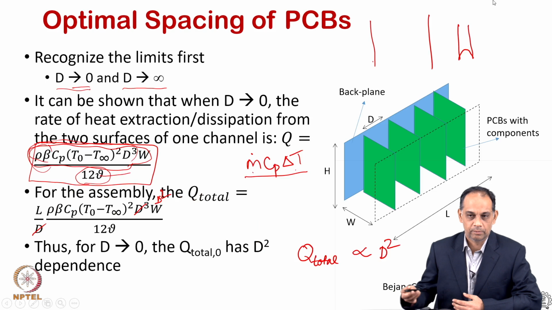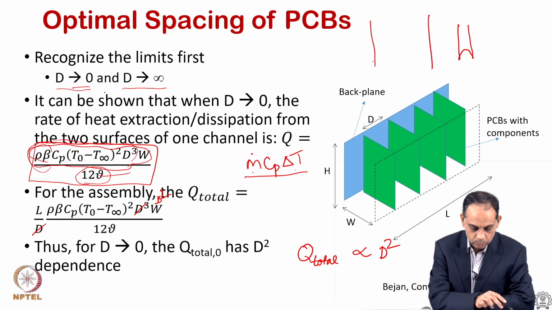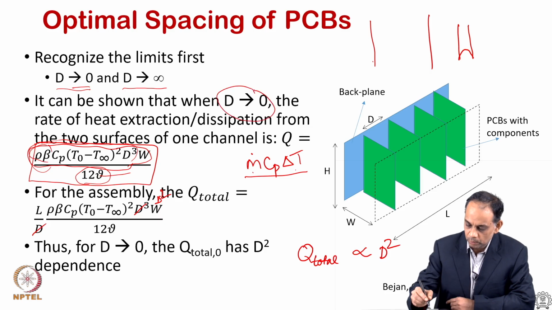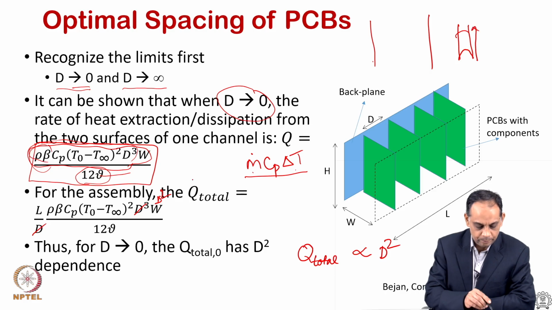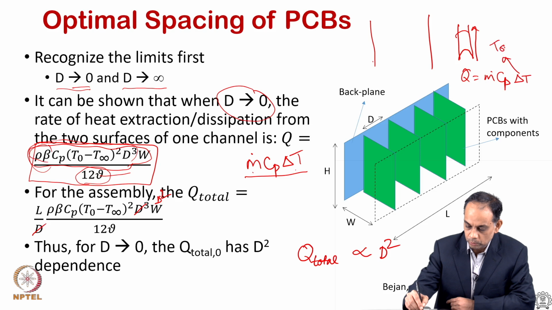This is the d tending to 0 limit, where the flow was assumed to be fully developed all the way from the beginning at the entrance to the entire length of the plate. So, this limit was derived using m dot Cp, that is, the heat transfer rate was obtained using m dot Cp into delta T. Delta T is nothing but the outlet temperature minus T inlet.